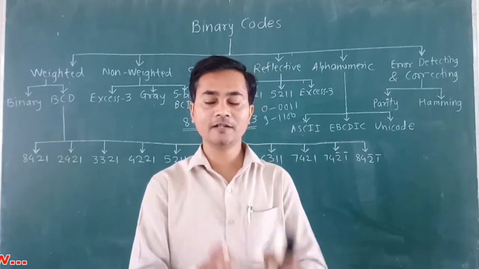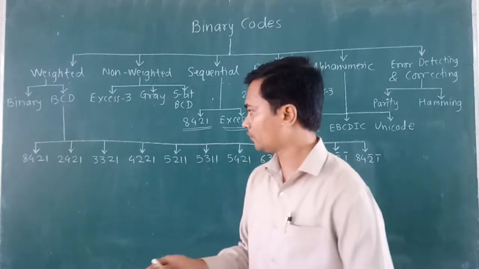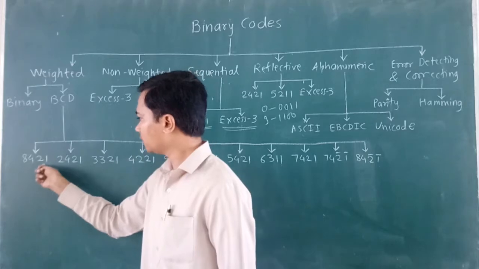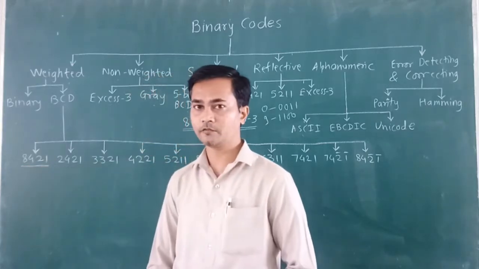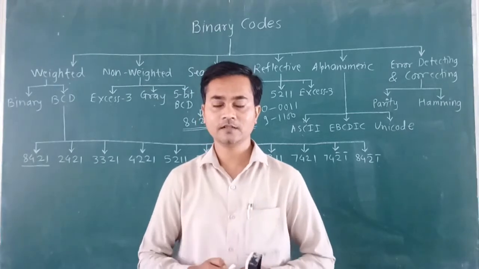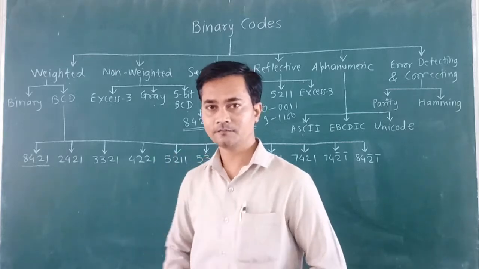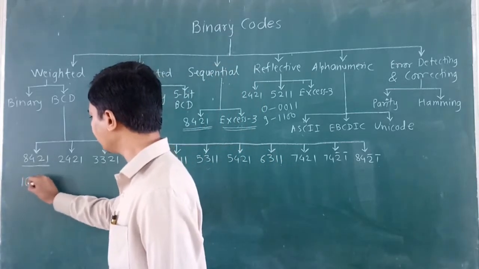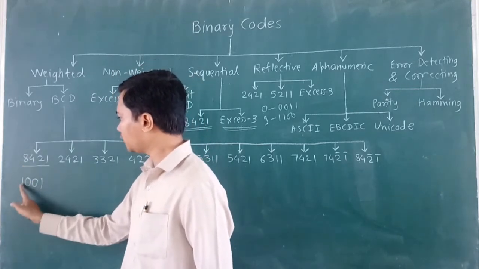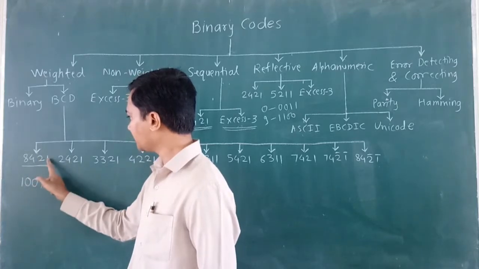All those values we have already seen in previous videos, and they are based on 8421 BCD code. Suppose I want to represent value 9, how can we represent it in binary? 1001, right? That means 8 into 1 plus 4 into 0 plus 2 into 0 plus 1 into 1.